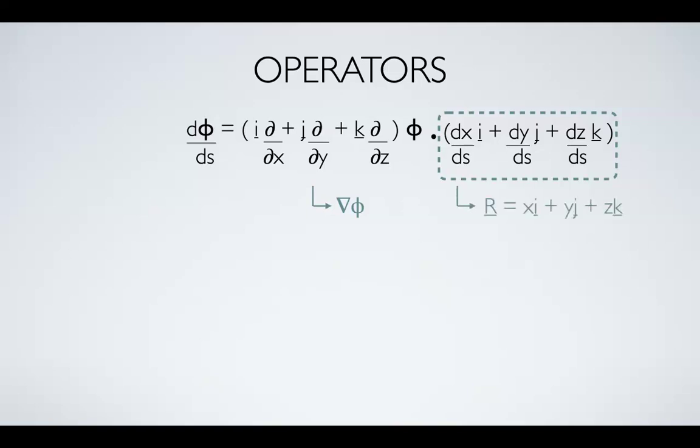If I define vector r, which is equal to xi plus yj plus zk, and since the term that I circle is in differential form, I have to differentiate as a function of s. So dr by ds is going to be actually the term that I circle. Is that right?